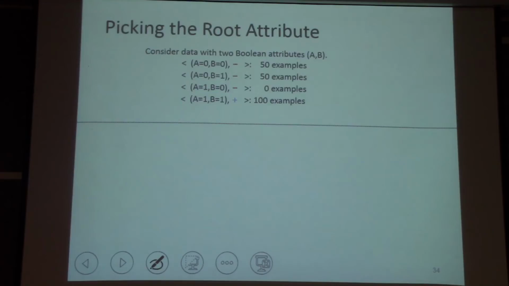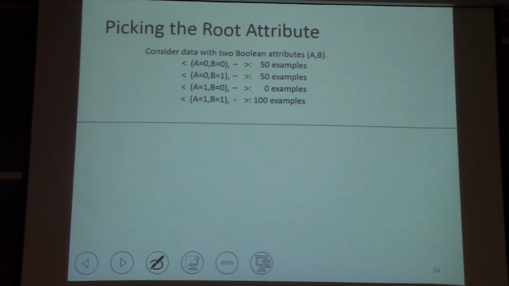Okay. So the goal is to pick a root attribute. And let's take an example to see how we might make this choice. Say I have a data set. Yes? I have a question before that. Is it not that irrespective of which root we pick, we will end up having the same decision diagram?